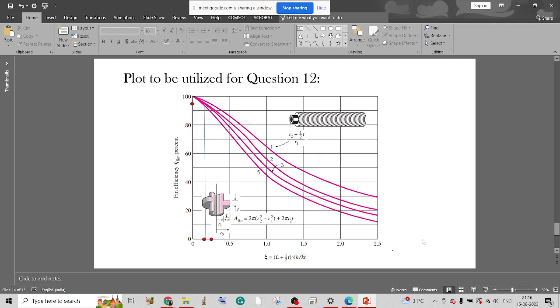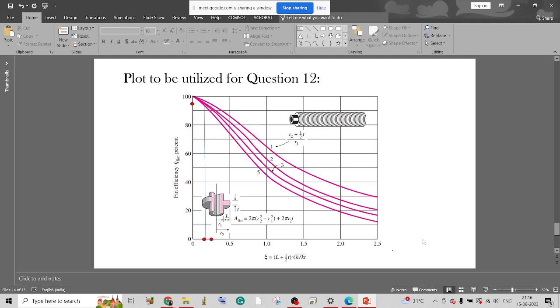That came out to be 2 pi 0.03 meter whole square minus 0.015 meter whole square plus 2 pi 0.03 meter into 0.002 meter. This came out to be 0.00462 meter square.